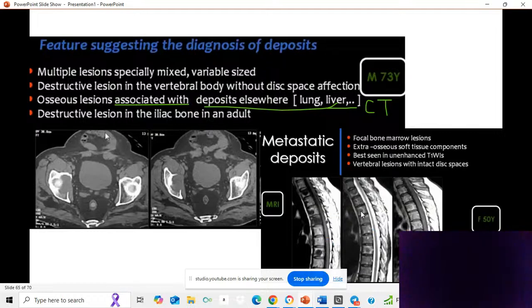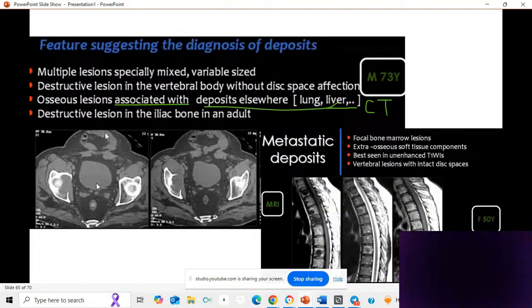It will not be seen on T2 weighted image, only on the unenhanced T1 weighted image. It will be seen as low signal vertebral body lesions not affecting the vertebral disc space.